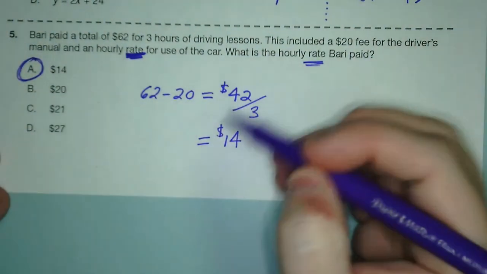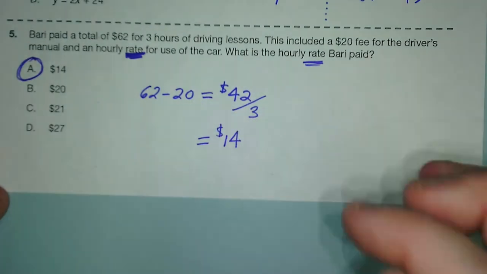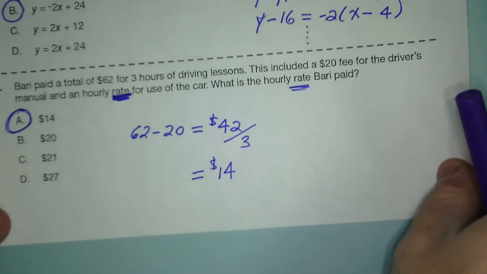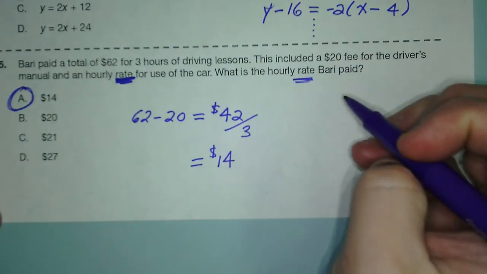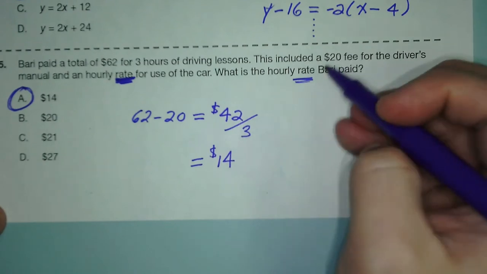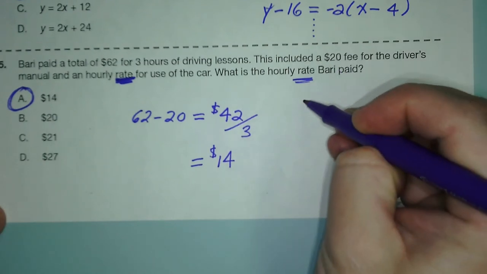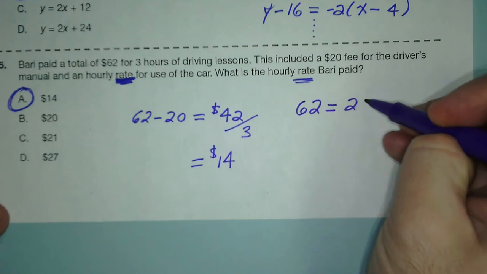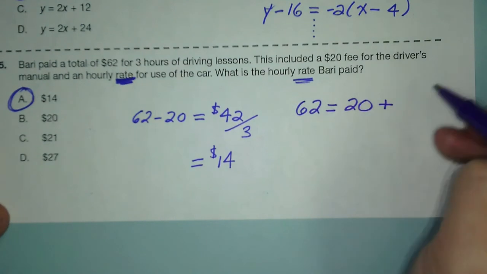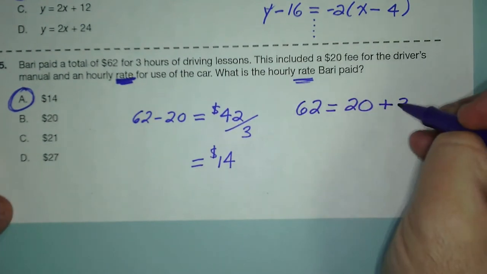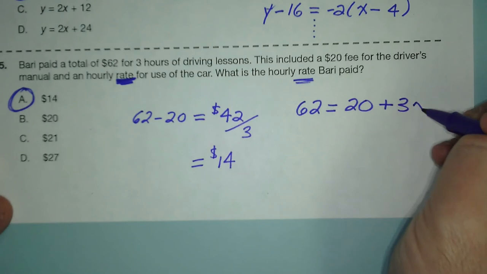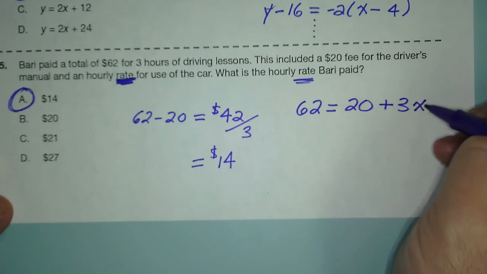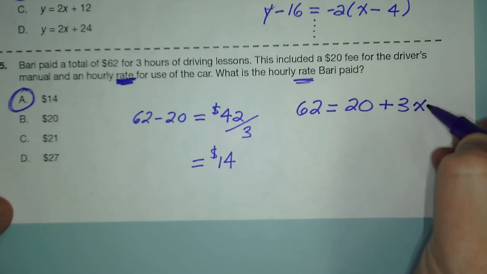You could reverse engineer this math very easily, or you could literally write out a formula: the total 62 would equal the $20 no matter what, plus 3 hours times whatever the hourly rate is.